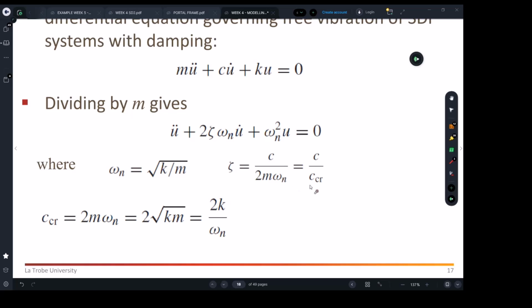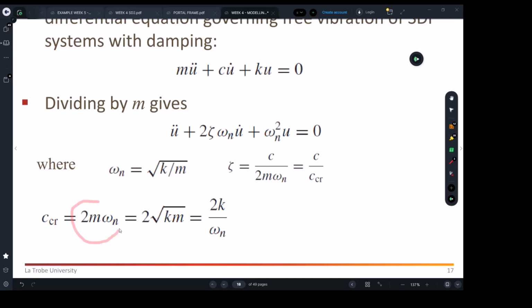Now, based on what you see here, the critical damping, which I will tell you what it is later when we see other graphs, is equal to 2m omega, the natural omega, which is already given to us here. And we know that this can be replaced by involving the stiffness and mass.